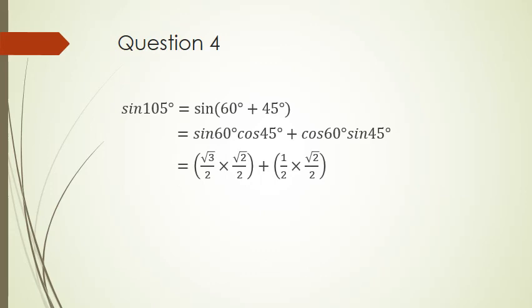And making the substitutions, sine 60 degrees is root 3 over 2, cos 45 root 2 over 2, cos 60 degrees 1/2, sine 45 degrees root 2 over 2. And simplifying, that gives us root 6 over 4 plus root 2 over 4. And putting them under one common denominator, that simplifies to root 6 plus root 2 all over 4.